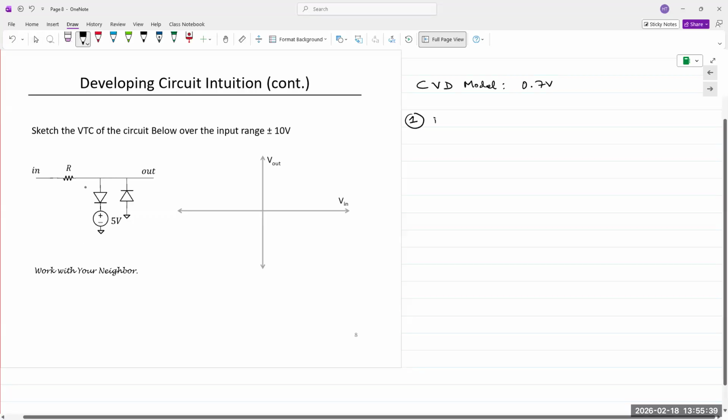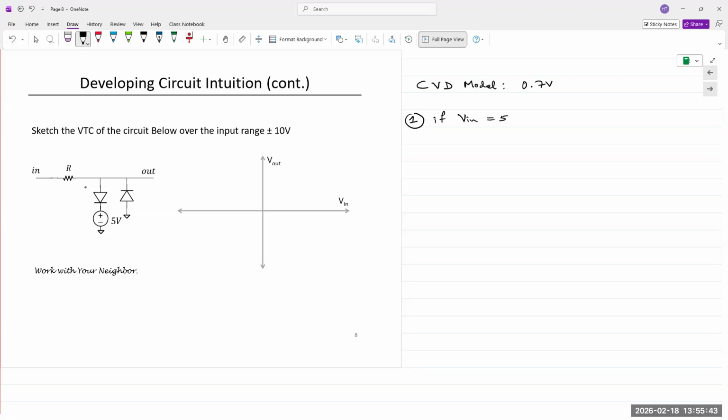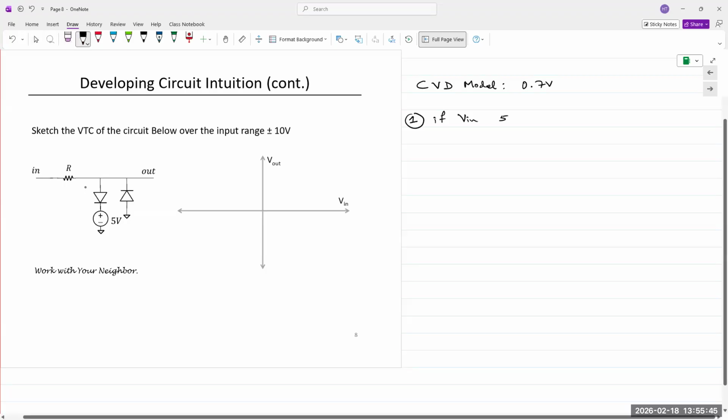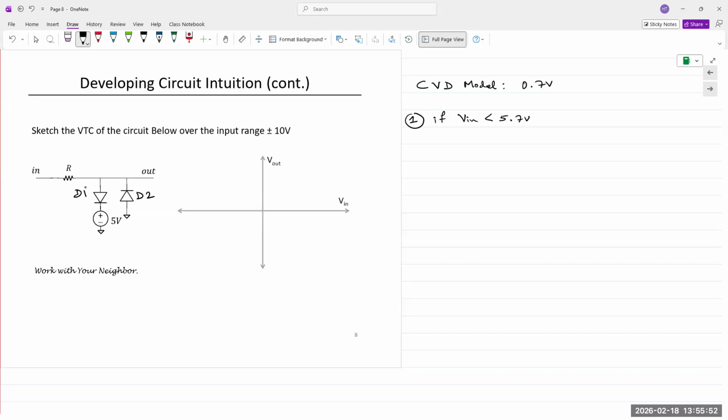If V in is less than 5.7, what can we say about diode D1? We just saw it on the previous slide. D1 is off. What about D2? D2 is also off.